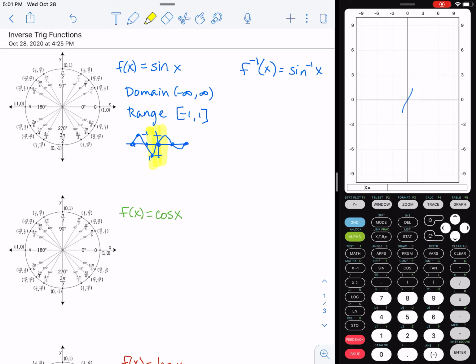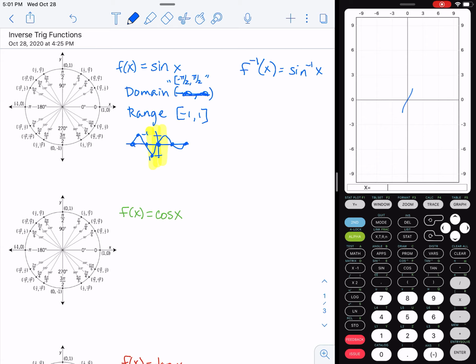Okay? So this domain, I'm going to put it in quotes here, is restricted from -pi/2 to pi/2 in order for it to be a one-to-one function.